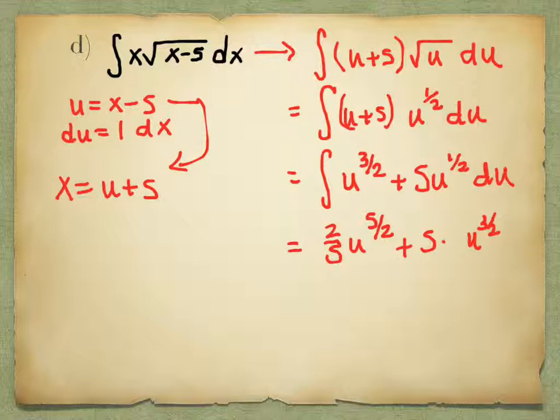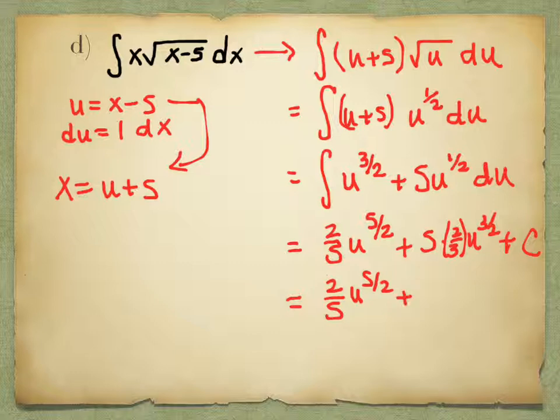So this will be times 2/3. I think that's right, because you were telling me 10, or Erica. Yeah, okay. I need a plus c. All right, so 2/5 u to the 5/2 plus what? 10/3. Good. U to the 3/2 plus c. What's left to do?